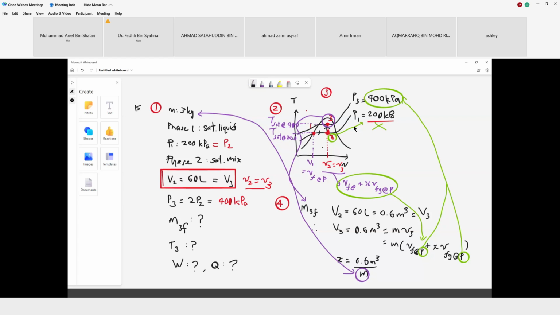Then tolak at the given pressure bahagi dengan.